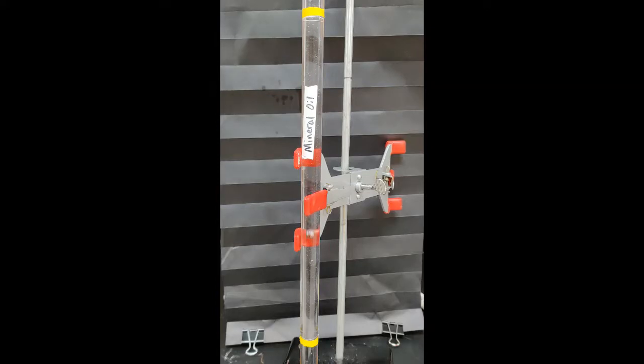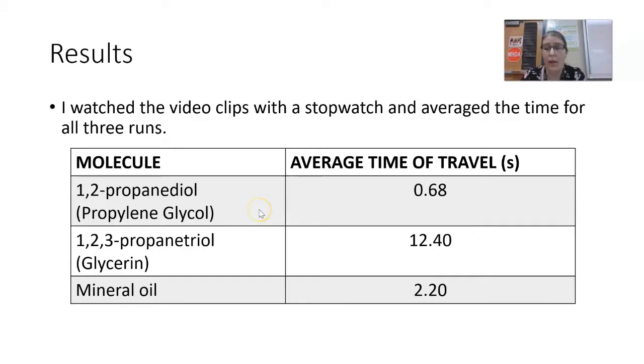Start, stop. I went back and I watched the video clips with a stopwatch and timed the runs, made an average of the time for the 3 runs for each of the substances. And so we can see that through the propylene glycol, the average time of travel was even less than a second.